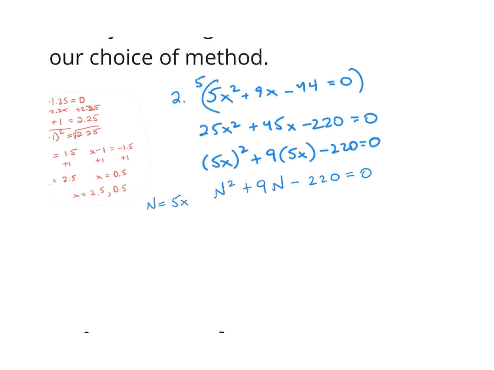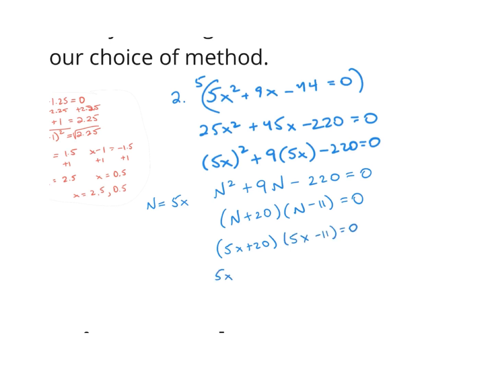And the two that come to mind are positive 20 and negative 11. So I have (n plus 20) times (n minus 11) equals 0. Okay, now I'm going to take that 5x and put it back in place of n. So I have (5x plus 20) times (5x minus 11) equals 0.